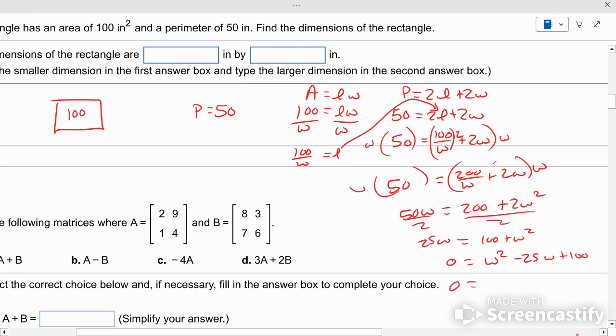What two numbers make 100 that add to 25? Well, 20 and 5 do. So the width could be either 20 or it could be 5. Well, let's check if the width is 20.